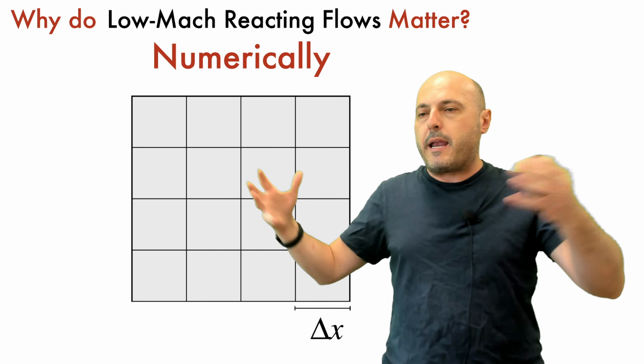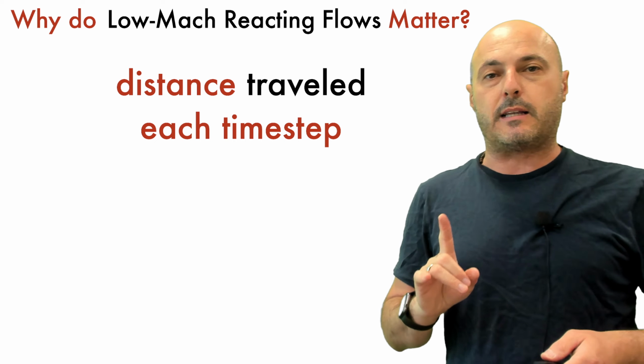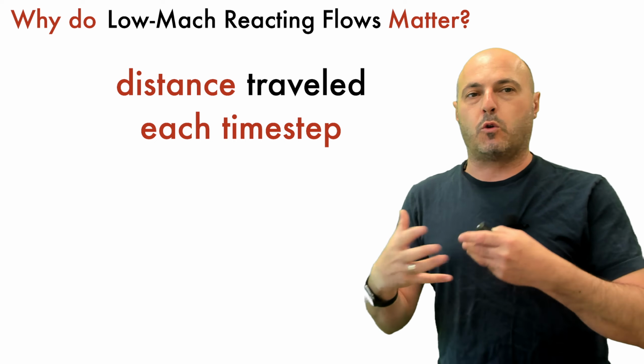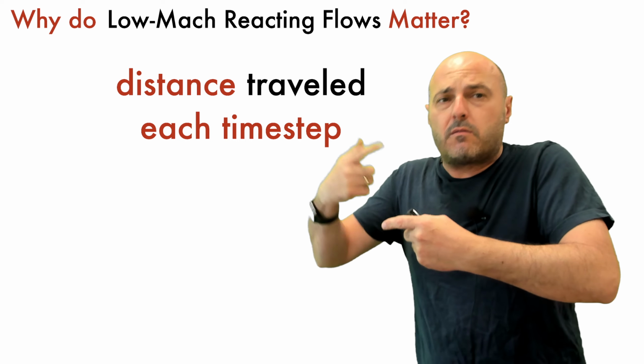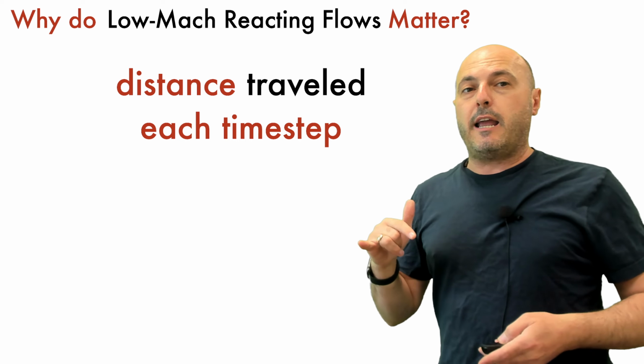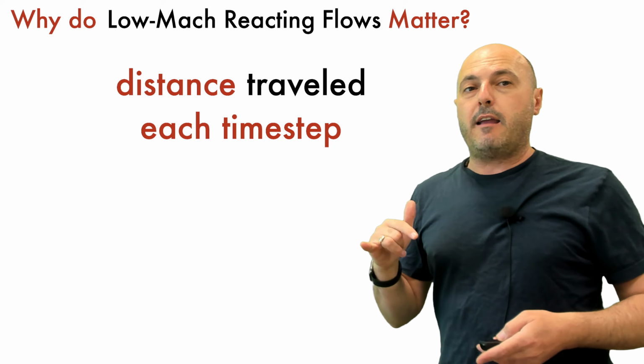Great. Now the distance traveled by these two types of motions in a single time step. You are familiar with our methods to solve partial differential equations. We do what we call time advance, time stepping. We solve the equations one time step at a time, one delta t at a time. Now I want to start building an analysis of the distance traveled each time step by these two types of motions.